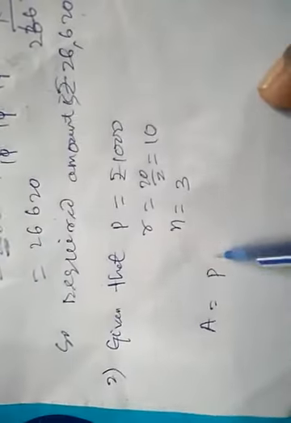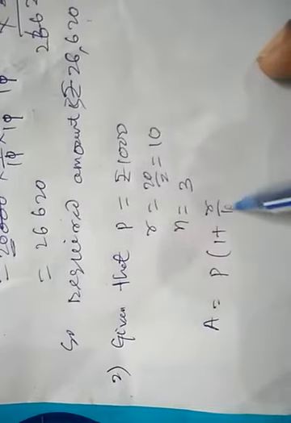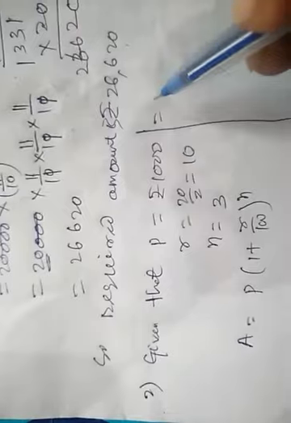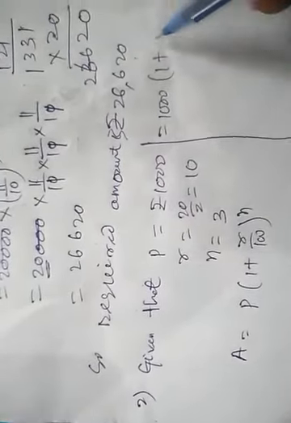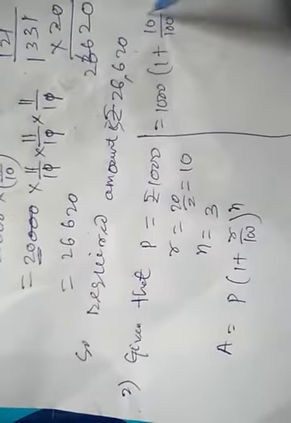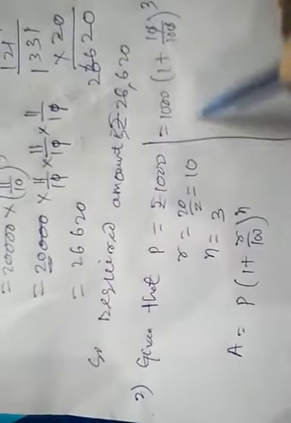N value will be 3 because time is given 1 1/2 years. So write the amount formula. Amount equals P into 1 plus R by 100 raised to the power N. Clear? So that is equal to, for P you write 1,000, 1 plus 10 by 100 raised to the power 3. 10 and 10 cancel.